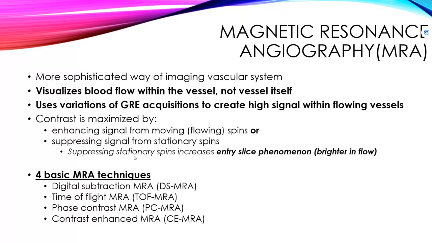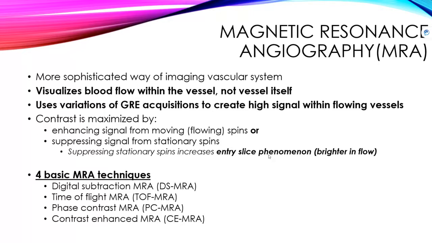So when you suppress the stationary spins, you're increasing your entry slice phenomenon, which is brighter in flow. So it just depends on what you're looking for. Remember, I said you don't always want the entry slice phenomenon. You want to make sure that you see your signal always throughout the entire structure. You don't want to miss the flowing nuclei signal. So even though it's increasing that entry slice phenomenon, you've got to come up with a way to make up for that.